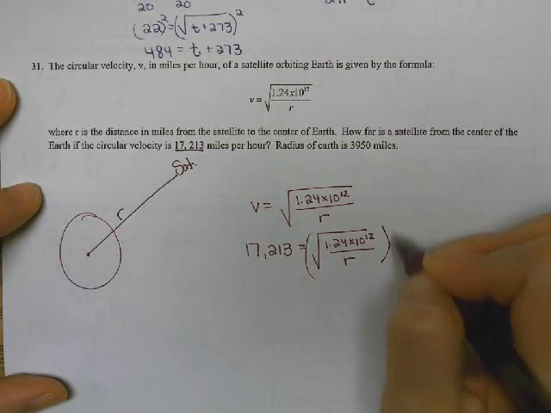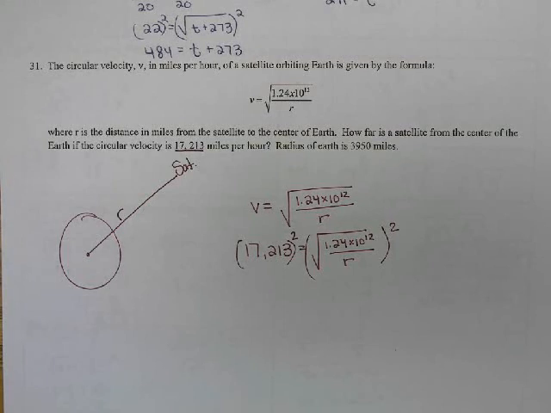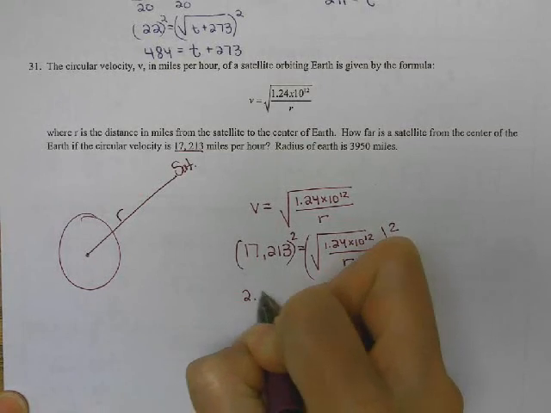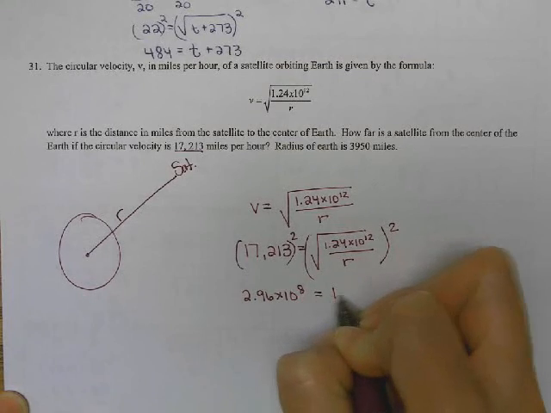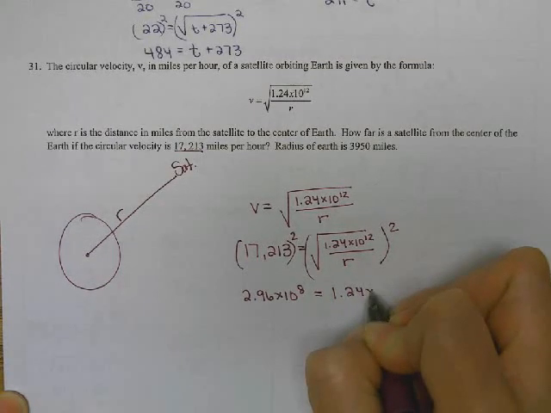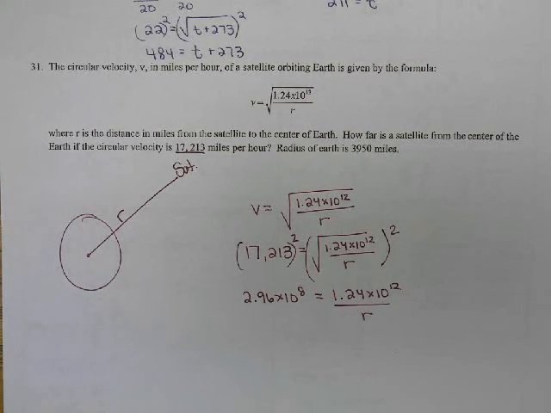Okay, so I need to square both sides in order to get rid of that square root. So 17,213 squared is going to give me, let's put it in scientific notation, 2.96 times 10 to the 8th equals 0.24 times 10 to the 12th over r.